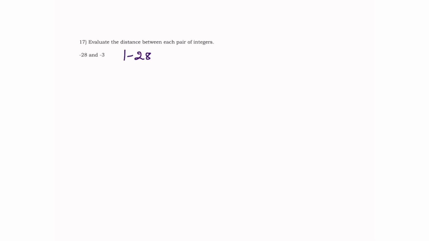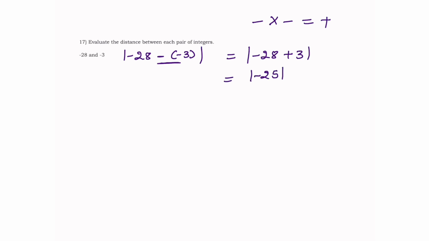Minus 28, and because it's distance, we say minus and we put minus 3 over here. So which is minus 28. This becomes plus 3, right? Minus times minus. You remember the rule, right? Which is plus. So this is minus 25 over here, and that becomes 25, right?